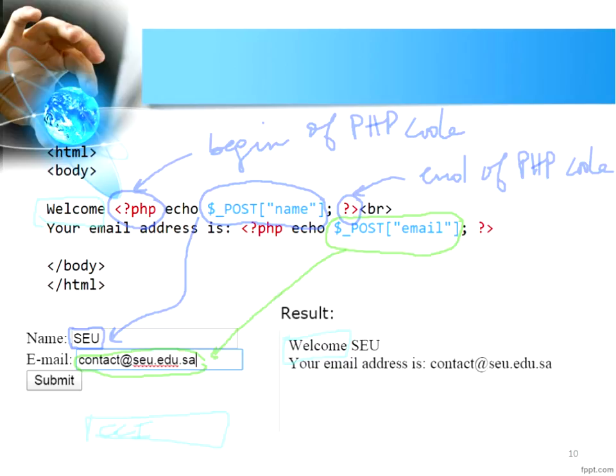So the HTML code is in the browser, on the client side. This PHP code is saved on the server side, and the request is sent from the client to the server when I click on submit.